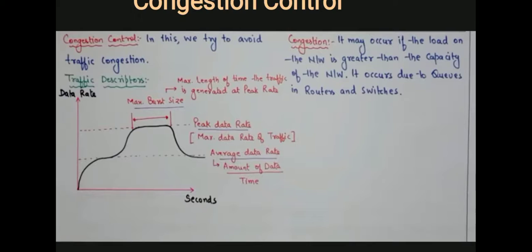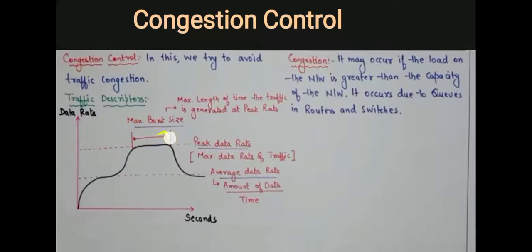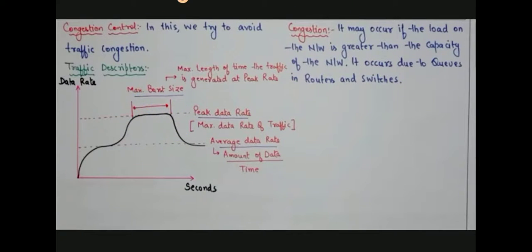The average data transmitted over a time is called the average data rate. This one is the peak data rate, which is the maximum rate of information transmitted over a peak time. That we call traffic.